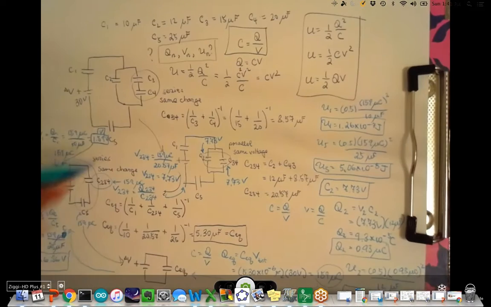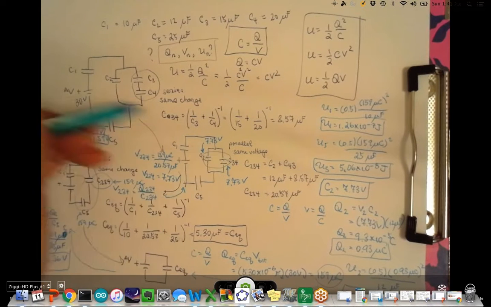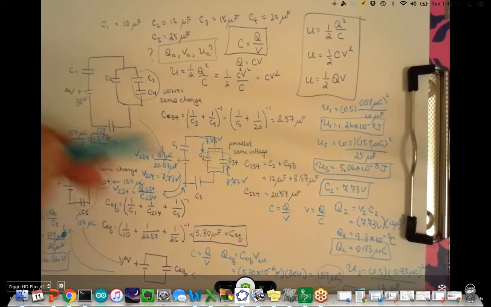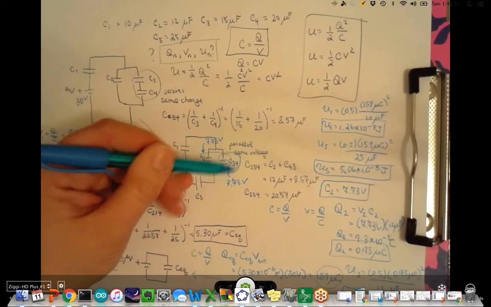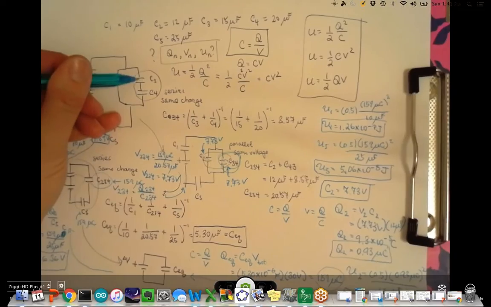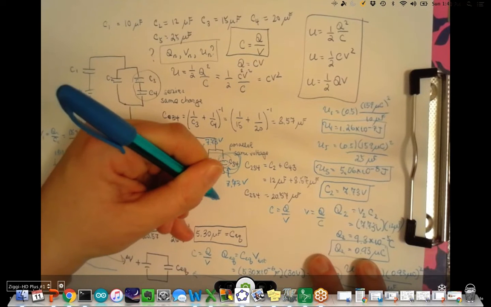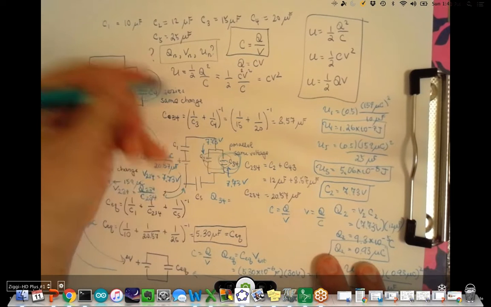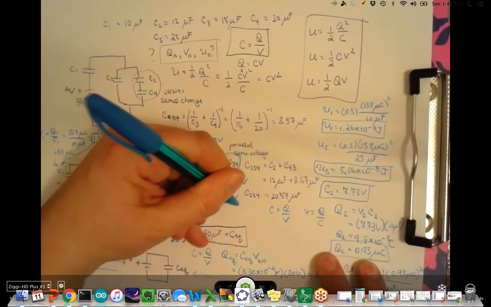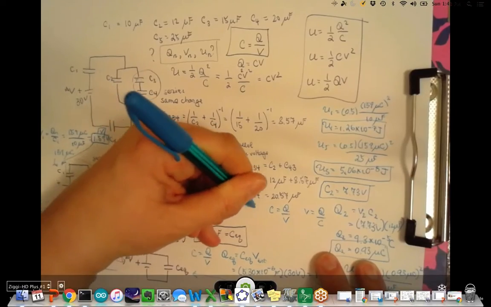Now, before we move back to the final one, where we separate C34 into C3 and C4, we need to know the charge sitting on C34. When we separate them into two in series, they will both have that charge sitting on them. Series has the same charge. So we want to find Q of 3 and 4. That's the voltage of 3 and 4 times the capacitance of 3 and 4.